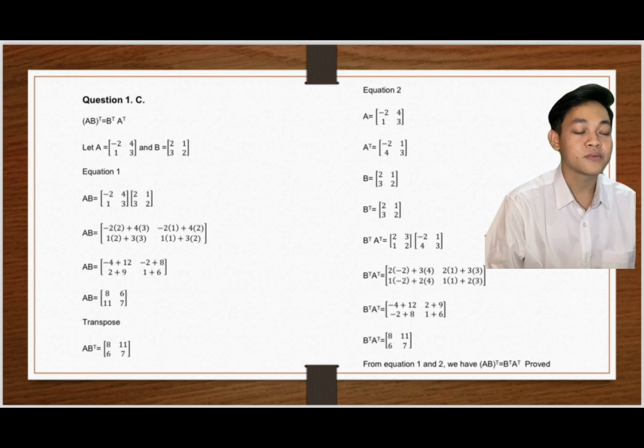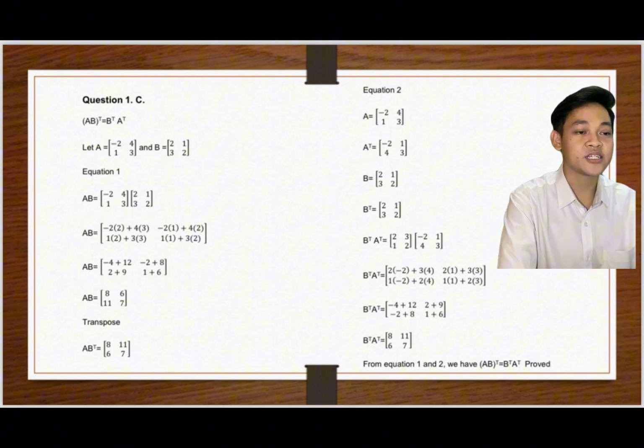So go to B transpose and A transpose, in matrix form. So 2 multiply negative 2 plus 3 multiply 4, 1 multiply negative 2 plus 2 multiply 4, 2 multiply 1 plus 3 multiply 3, 1 multiply 1 plus 2 multiply 3.